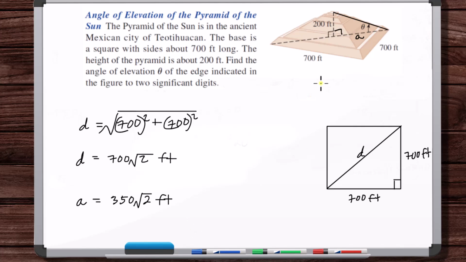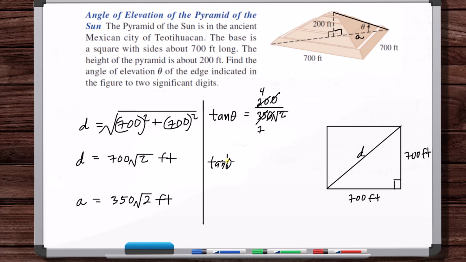All right. Now we know that the tangent of the angle of elevation is opposite over adjacent, so 200 divided by 350 root 2. 20 divided by 5 is 4, 35 divided by 5 is 7.